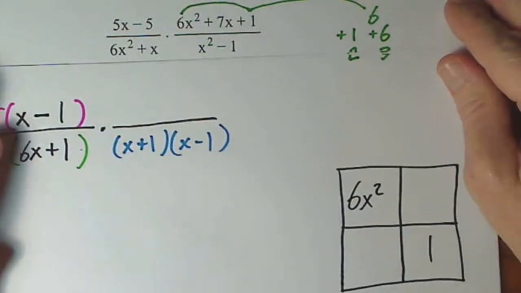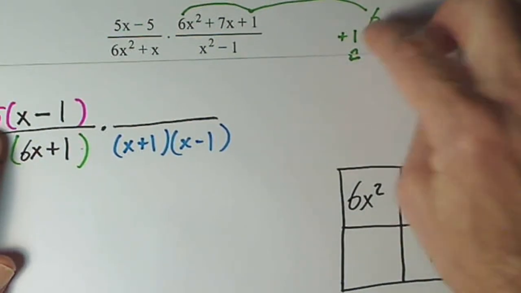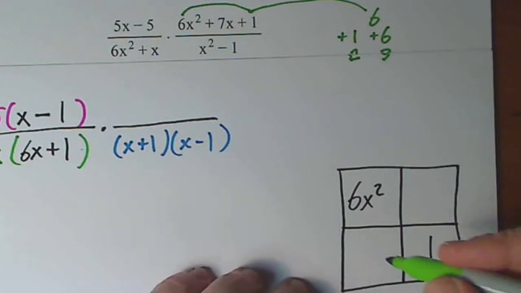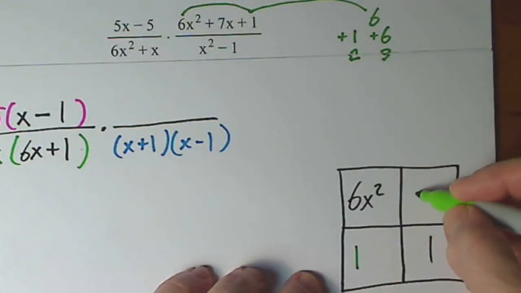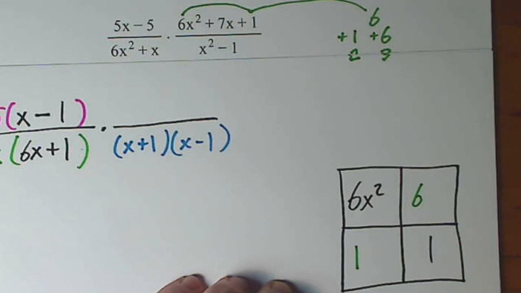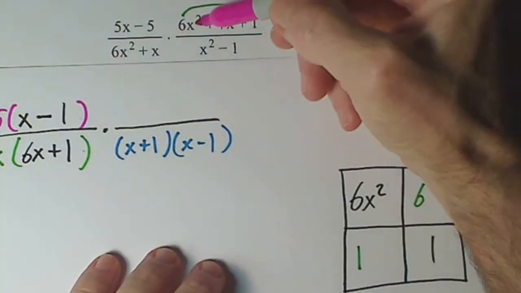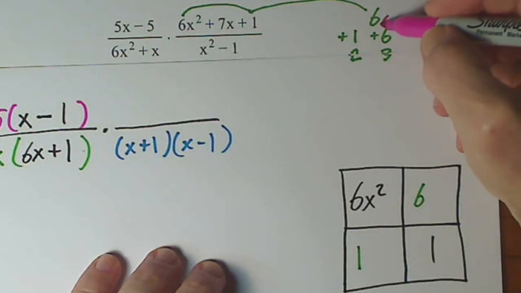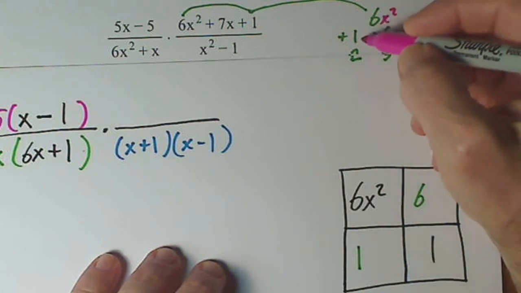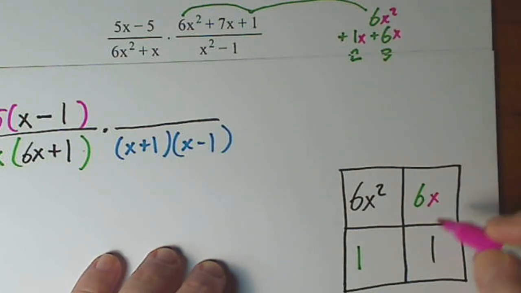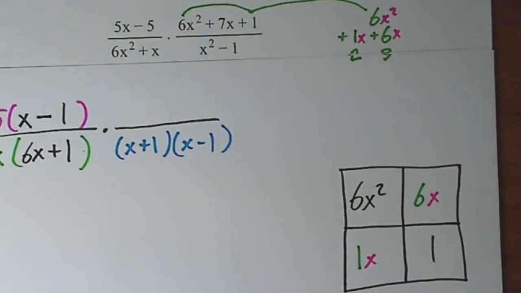Well, I don't need the 2 and the 3, I just need the 1 and the 6. Alright, so here's my 1, here's my 6, they're both positive, and you have to remember, this was really 6x squared, so that's x squared, there's an x there, an x there. You have to remember to put those variables in the boxes.